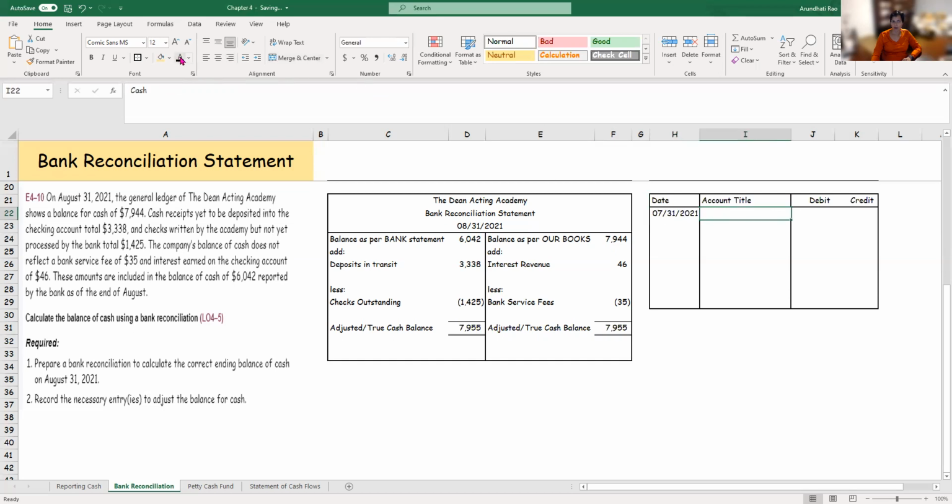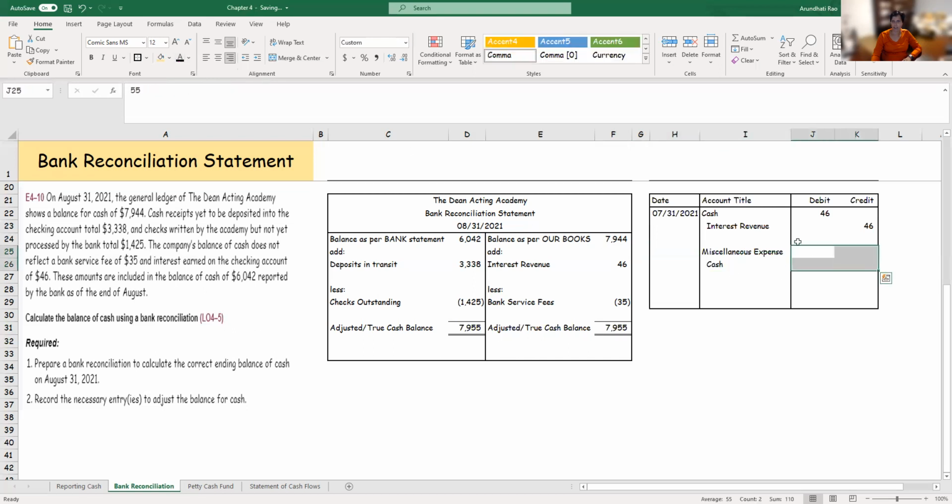We will debit cash, and that's $46. $46 was added. Cash is debit. And the reason we got $46 is because we earned revenue, interest revenue credit. Now, you will have one more journal entry, and this journal entry is for the bank service fees: miscellaneous expense debit, cash credit, and the dollar amount is $35.